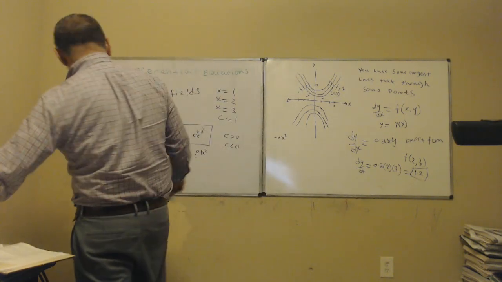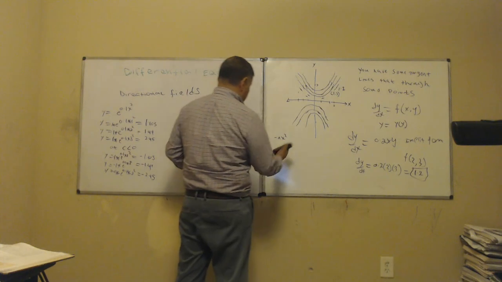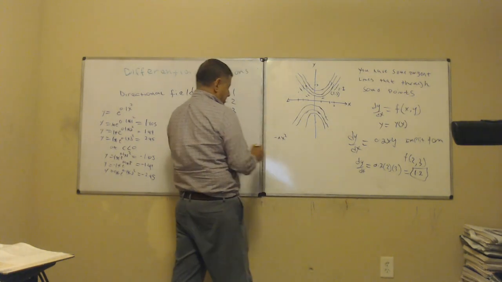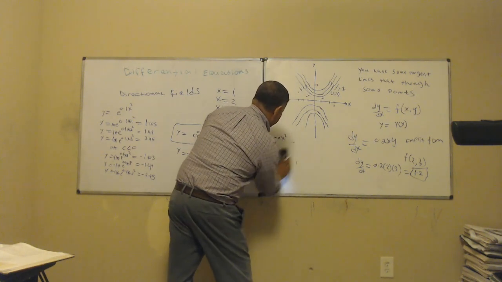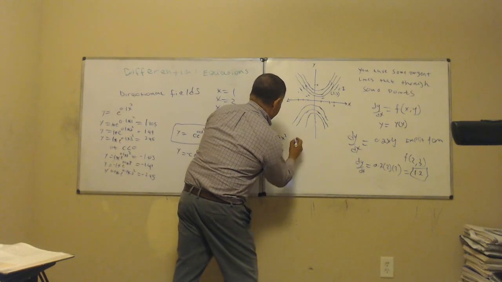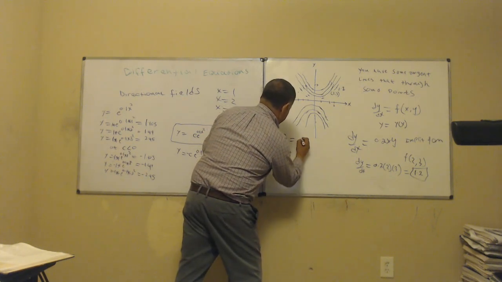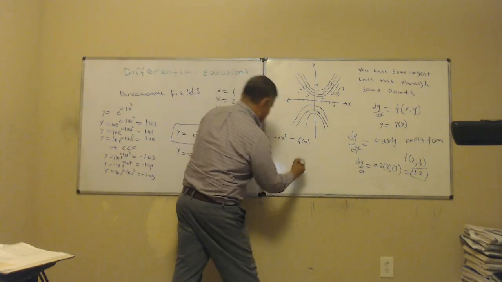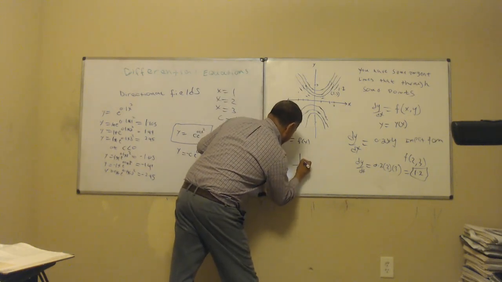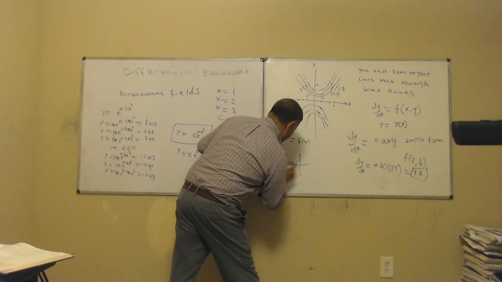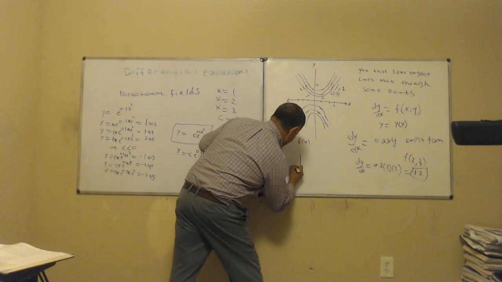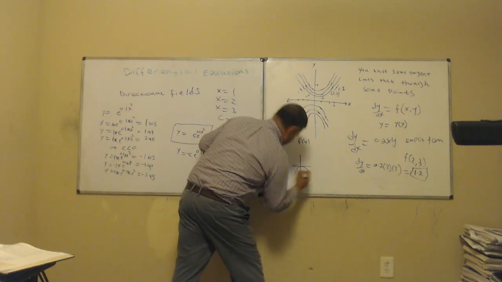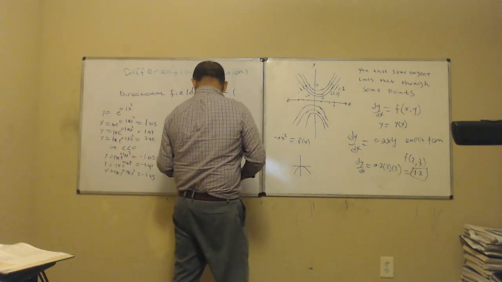Because technically a is a coefficient of x squared. So let's say, for example, that this parabola is equal to f of x, then this parabola looks like this. Same idea.